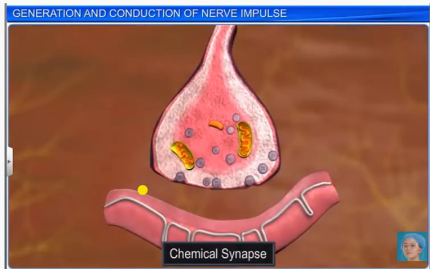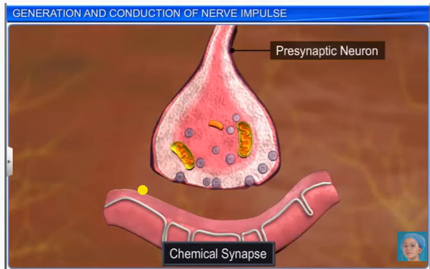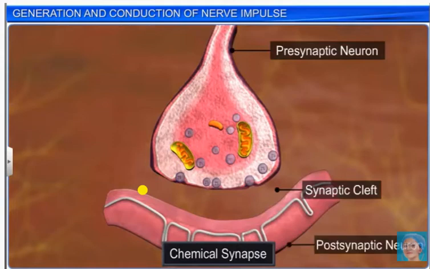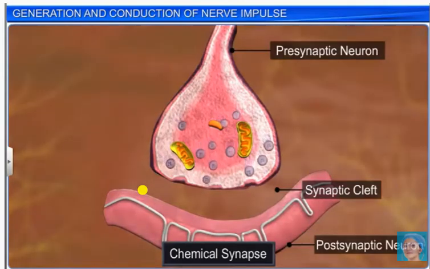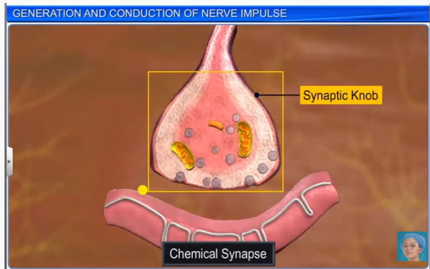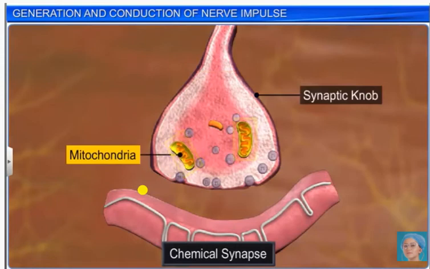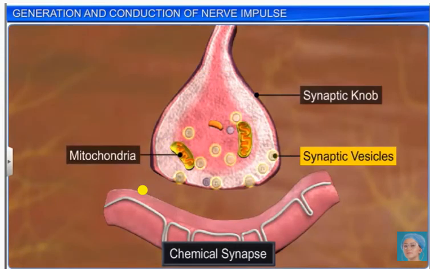Chemical synapses are common in the human system and consist of a presynaptic neuron, synaptic cleft, and a postsynaptic neuron. The presynaptic neuron ends with a synaptic knob. A synaptic knob has a large number of mitochondria with many synaptic vesicles.